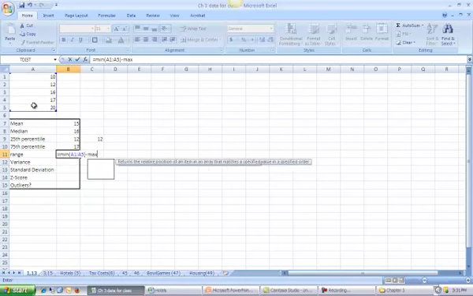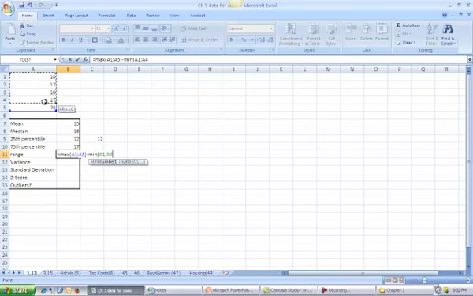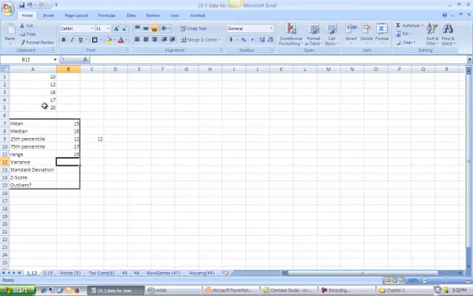Okay, so my range, the actual range, not the interquartile range, is the maximum observation in my data set minus the minimum observation in my data set. So that's one way of doing it, and I have a range of 10.